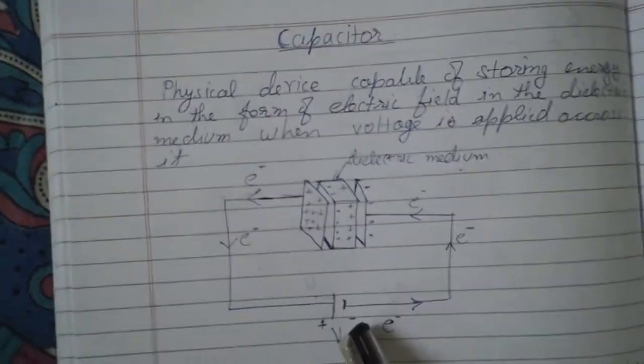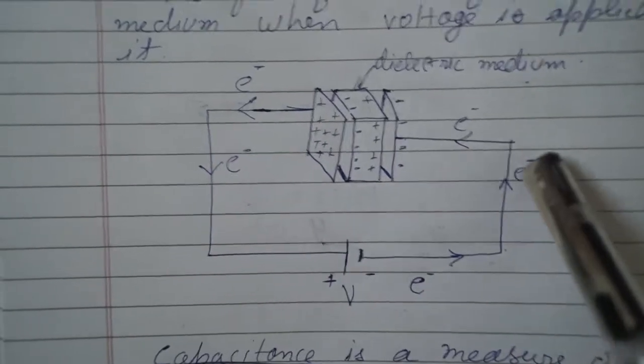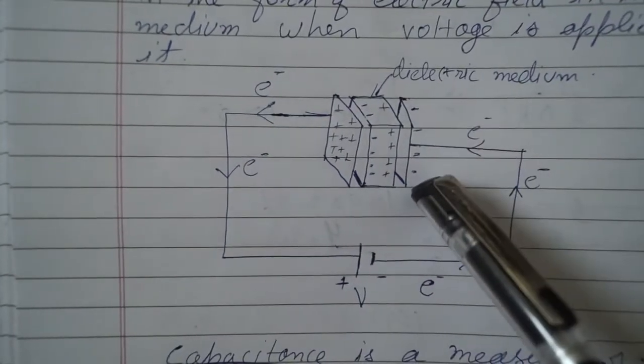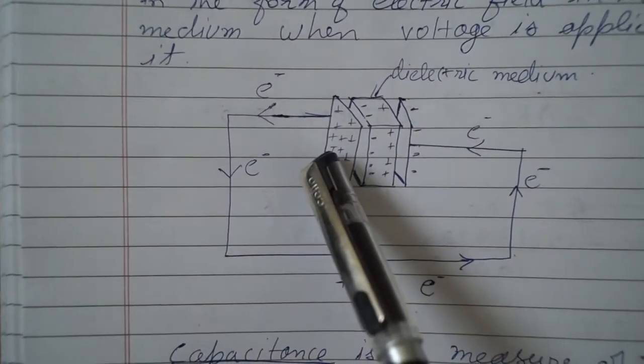So as you know, the electrons travel from the negative side, so this plate will get negatively charged and this plate will get positively charged.